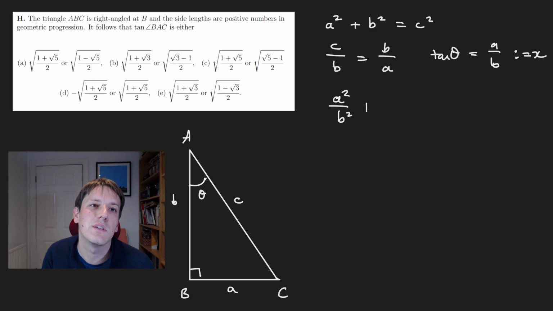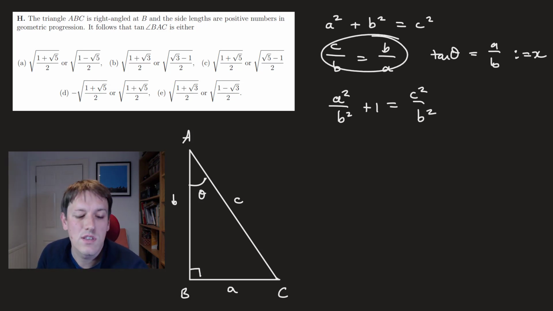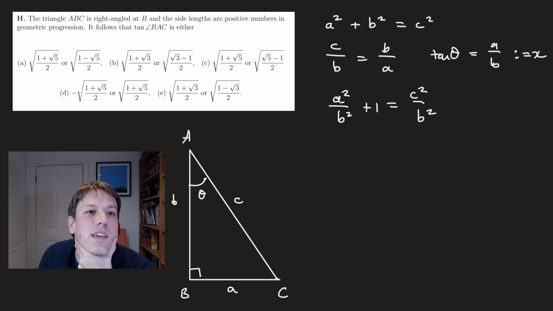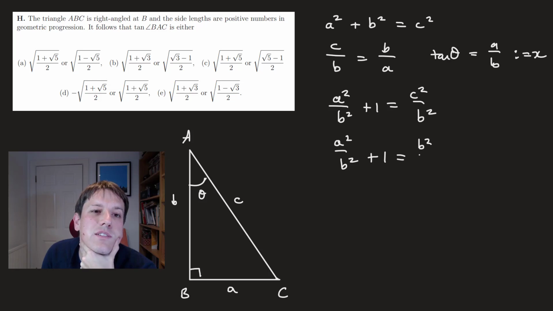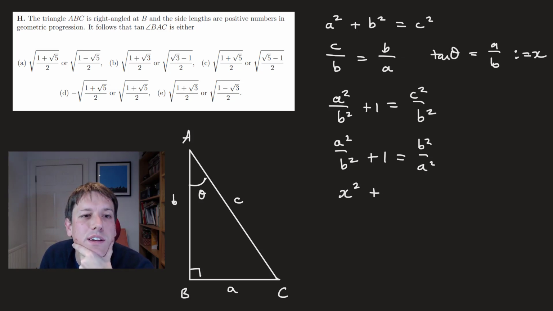So I get a squared over b squared plus 1 equals c squared over b squared, because that allows us now to use this, and if I replace c over b here with b over a, I get a squared over b squared plus 1 is b squared over a squared, right? So if this thing tan theta is a over b, which I've called x, this is x squared, and this is 1 over x squared.